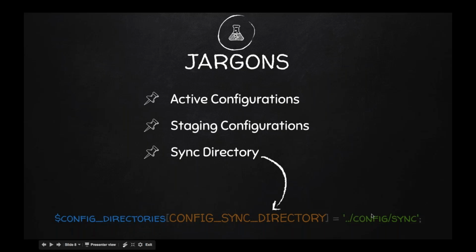The location of the sync directory is relative to your doc root. So if you have the sync directory in your doc root, you can simply specify sync. If you have that sync directory outside of your doc root, you can use dot dot and then specify that relative path. So all you need to do is specify a relative path depending on your doc root in the settings.php file.